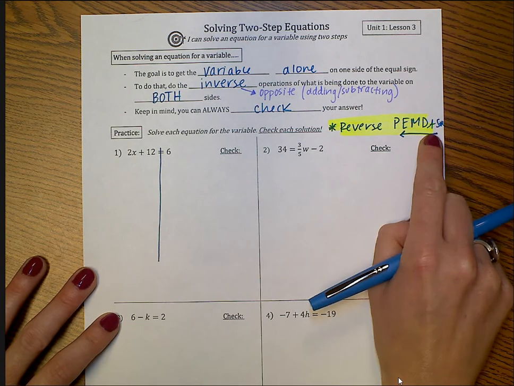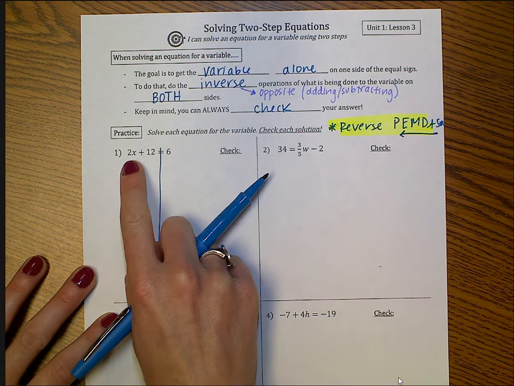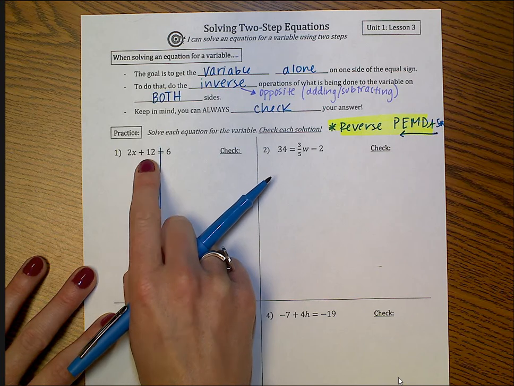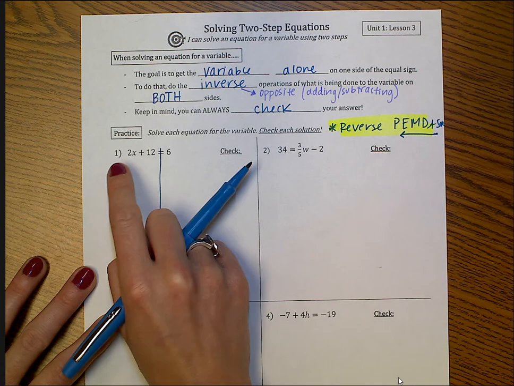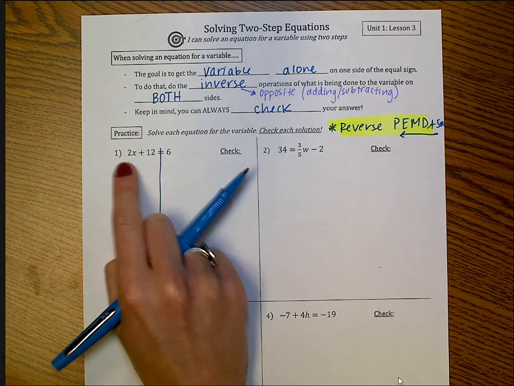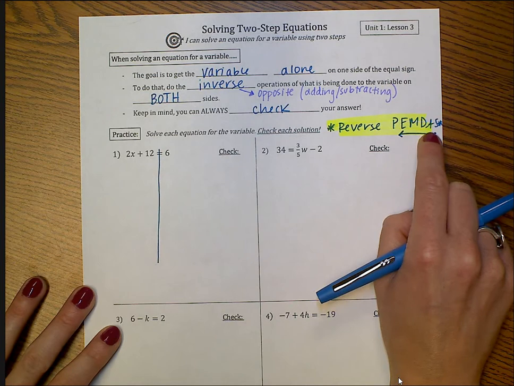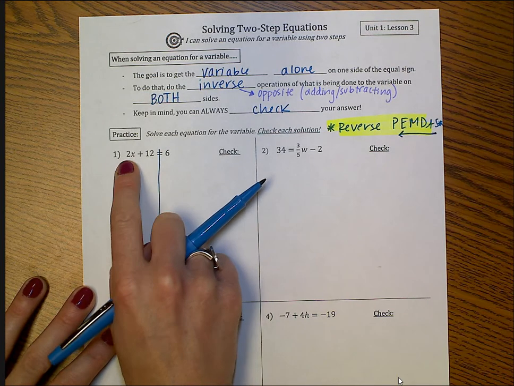So thinking about reverse order of operations, adding and subtracting first. My goal is to get x by itself. I need to move the 2, I need to move the 12 away from the x so I can get it alone. Now, you have to decide, do you move the 2 or the 12 first? Well, I know I need to address addition and subtraction first, so I'm adding 12 to 2x and multiplying by 2.